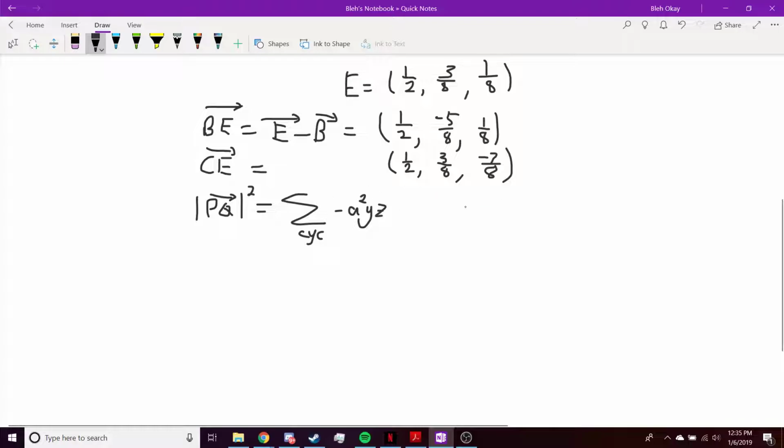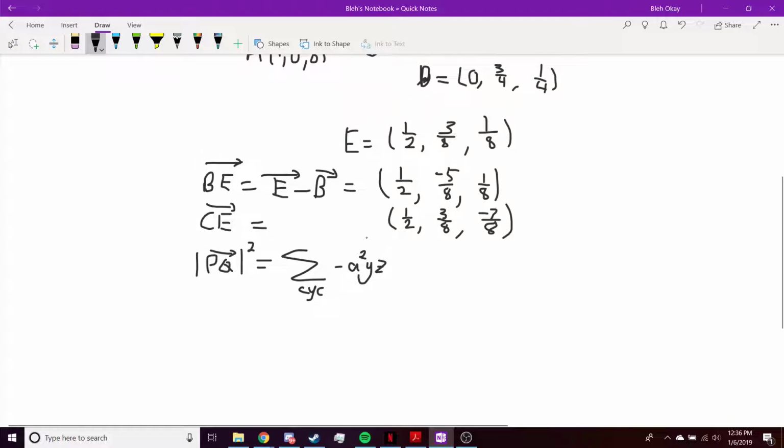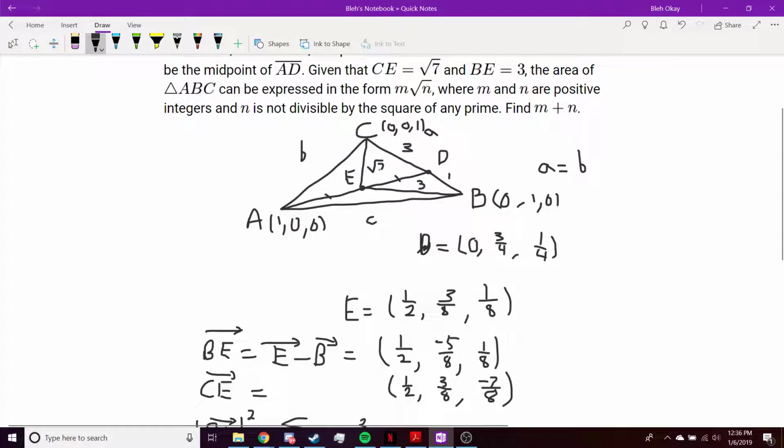So we get 3 terms in this sum because we're cycling. So if we use this formula, we notice that we have a, b, and c, right? Those are the lengths, basically the length of the side across from the corresponding letter of the vertex.